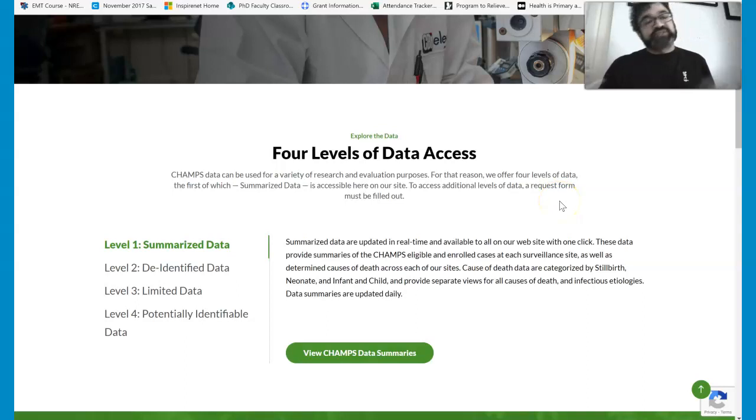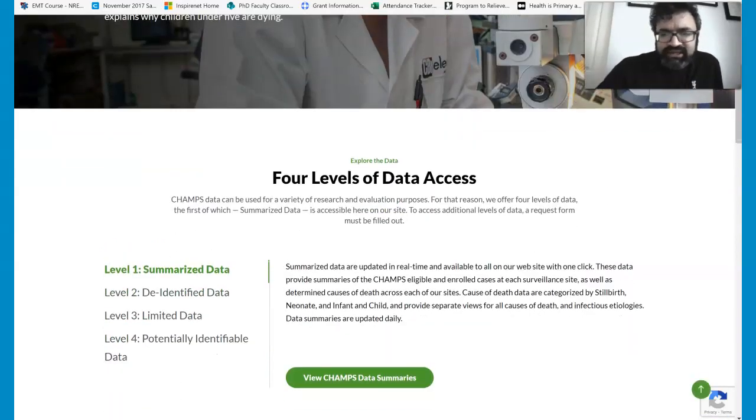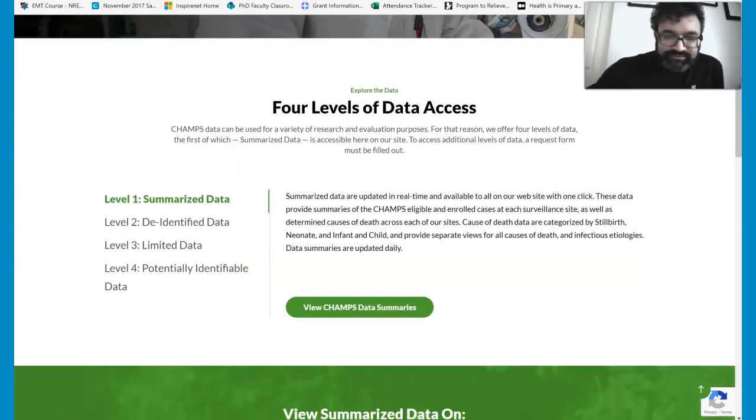So summarized data in terms of CHAMPS would look like cause of death data for stillbirth, neonate, infant, and child. And these are separate views for all causes of death and infectious etiologies.